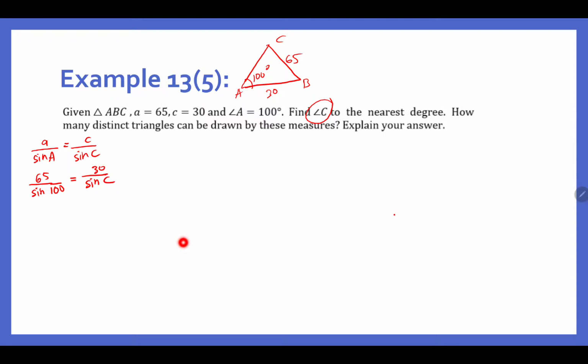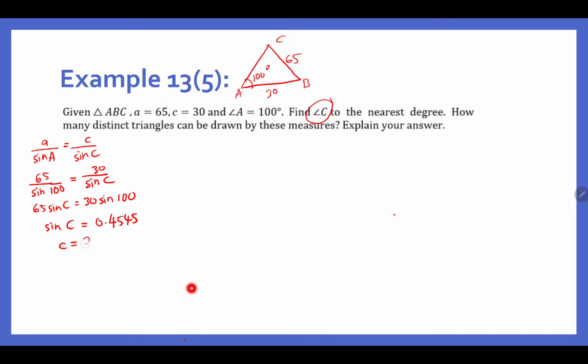Sine C kita tak tahu. So darab silang akan dapat 65 sine C sama dengan 30 sine 100, sine C 0.4545. So C guna calculator, tekan shift sine lepas tu 0.4545.